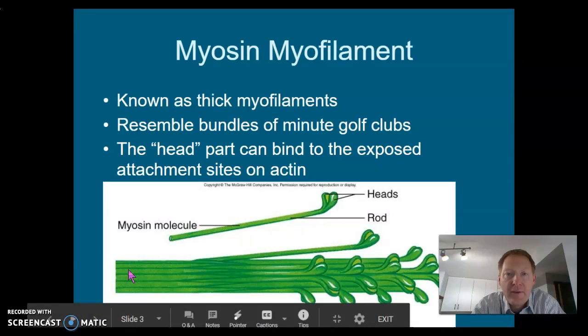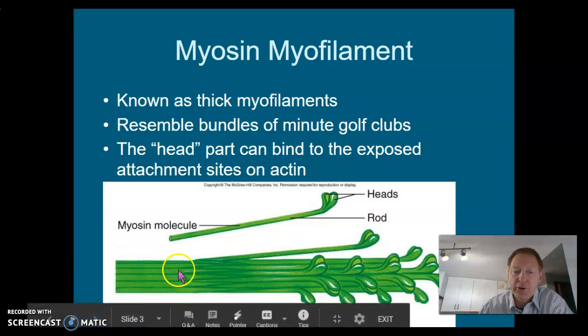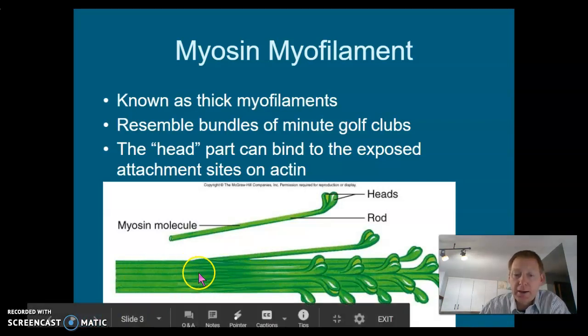And then we have the myosin myofilaments. They are considered thick because they are considerably thicker than the actin. Some people describe them as mini golf clubs. There's all kinds of different descriptions out there. But the key part of the myosin, this long, thick part here, is just really strength, and it's to provide an ability to pull on each other, because this molecule actually has two ends.